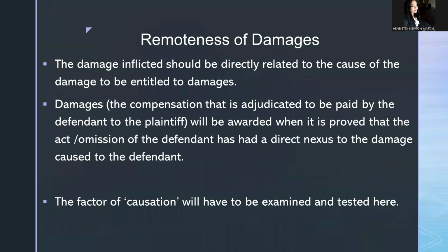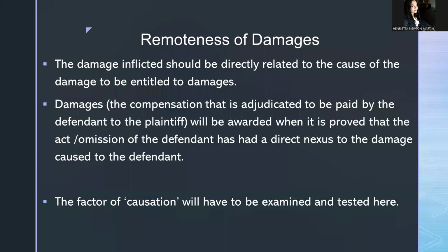Next is remoteness of damages. This also we studied in the chapter on negligence. Remoteness of damages, or the way it is connected. So the damage inflicted should be directly related to the cause of the damage to be entitled to damages. That means the harm that is inflicted should be directly related to the cause of the damage to be entitled to compensation.